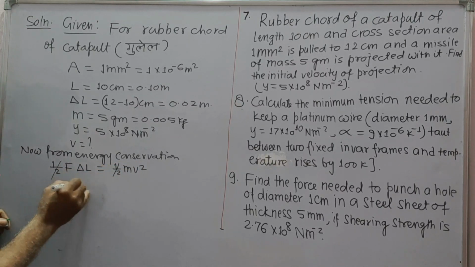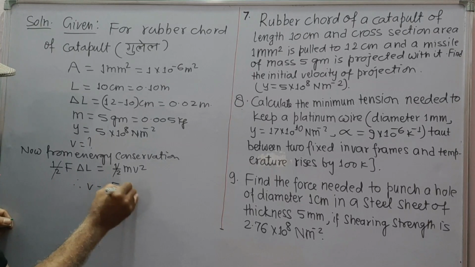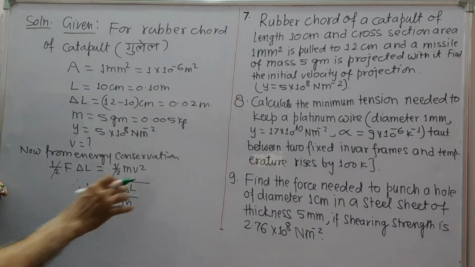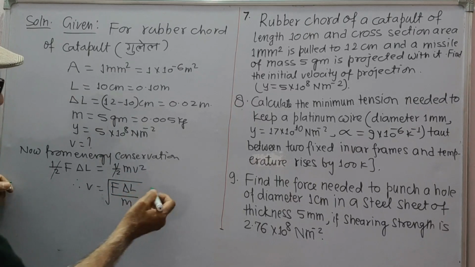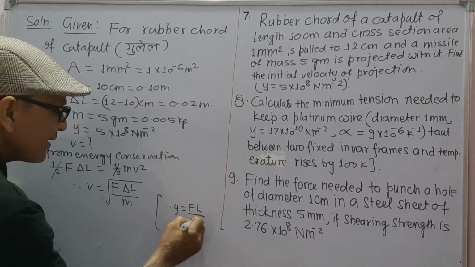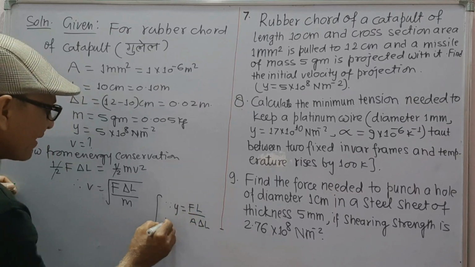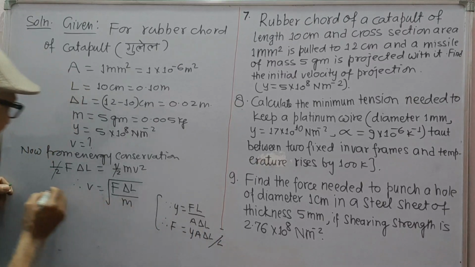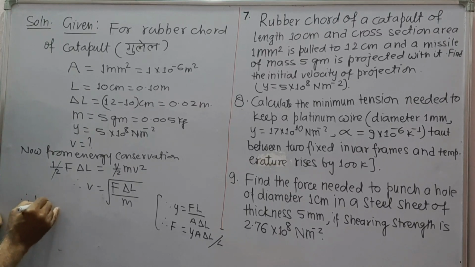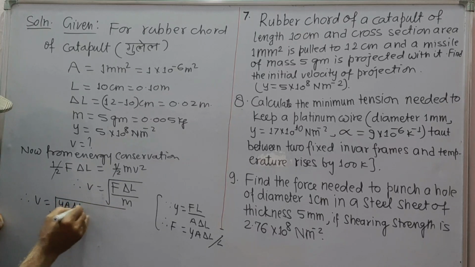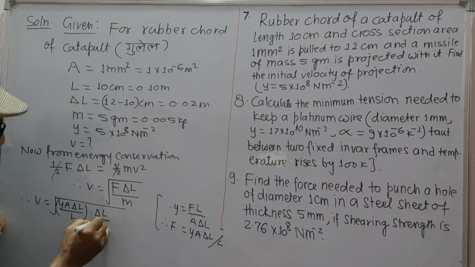Half cancels out, and we get V as under root F delta L upon m, because Y is equal to F L upon A delta L. Therefore, F will be equal to Y A delta L upon L. So, V will be equal to under root of F, which is Y A delta L upon L, this is F, into delta L upon m.